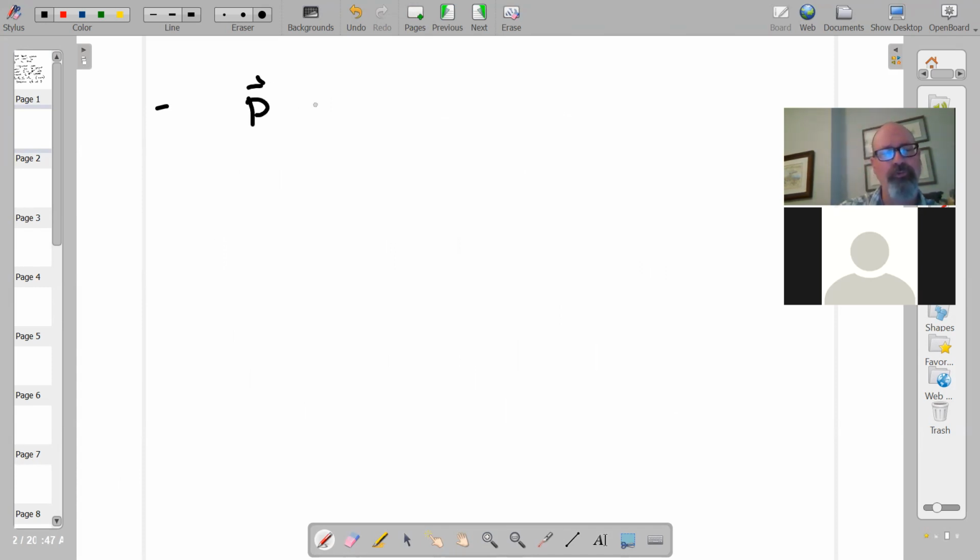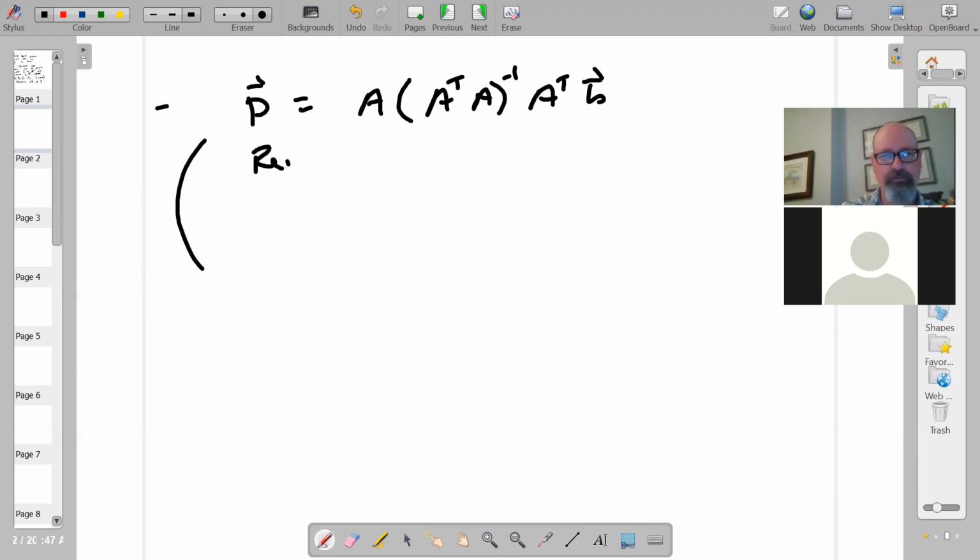The normal equation, for us, looks like this: p = A (A transpose A) inverse A transpose b. Remembering that A transpose is A with rows and columns swapped.